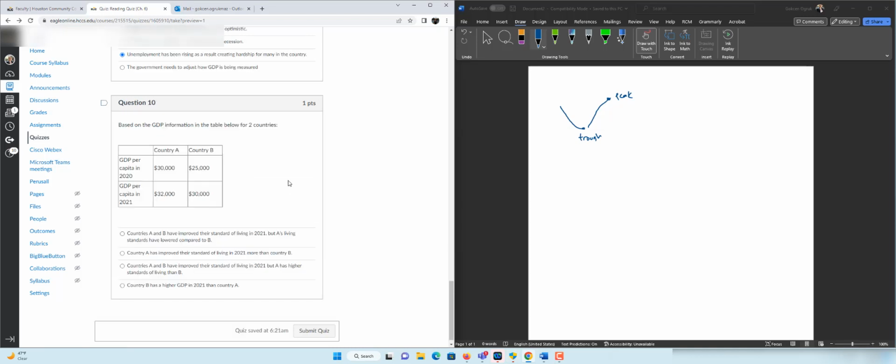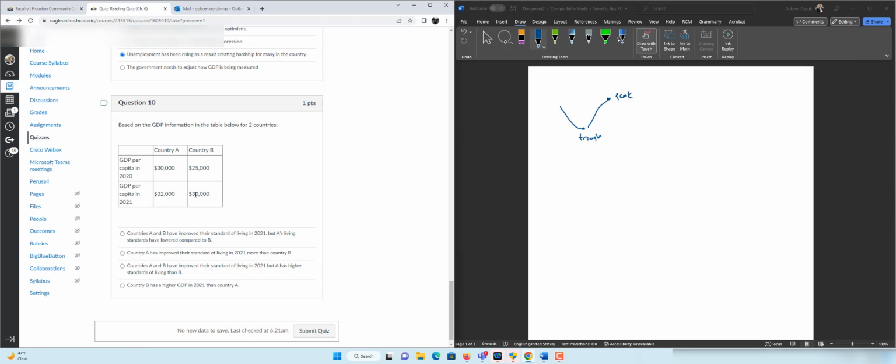Next question, based on the GDP information in the table below for two countries, we need to find the correct answer. What we see here is that country A has higher GDP per capita in both years compared to country B. Therefore, country A's standard of living is higher than country B. And when you look at the increase in standards of living, both countries increase their standards of living, from 30,000 to 32,000 and 25,000 to 30,000.